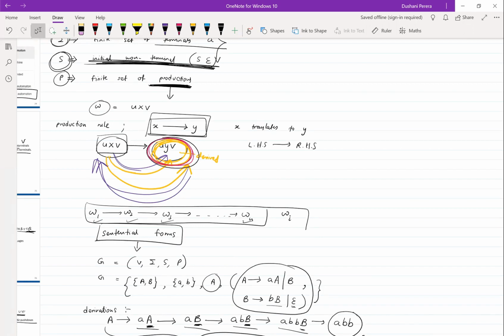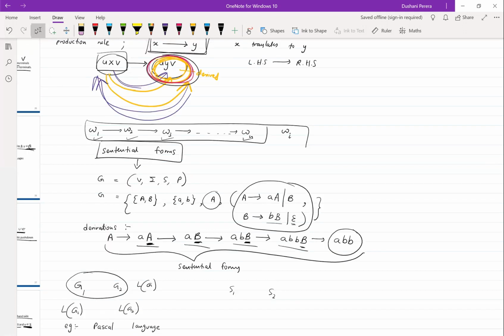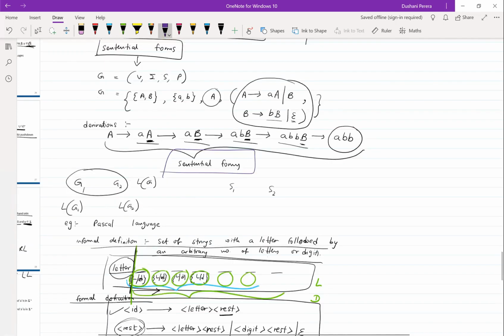Whatever is in the left hand side will be replaced by the right hand side. We can apply production rules in any order, and the derivations that we get are called sentential forms. We said that uyv is derived from uxv, or uxv derives uyv. All the derivations as a collection are called sentential forms.